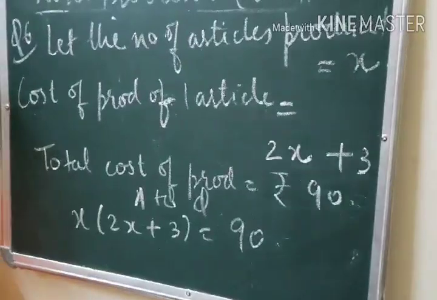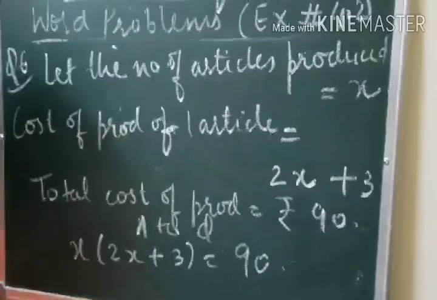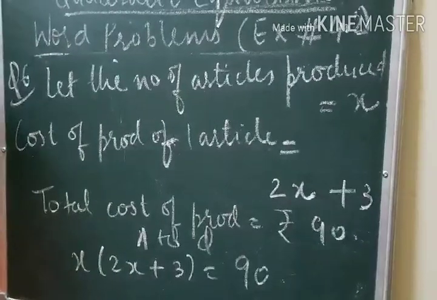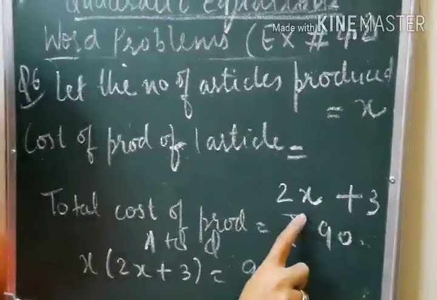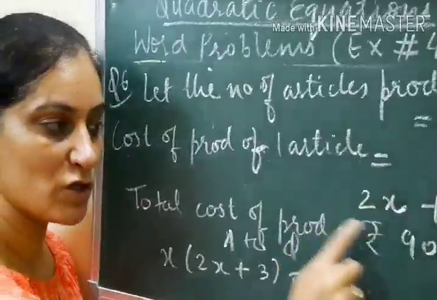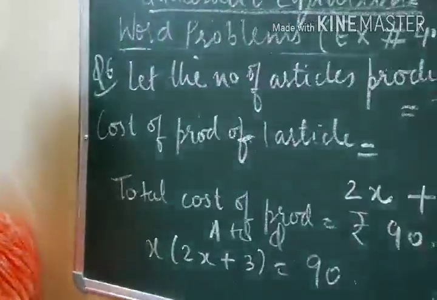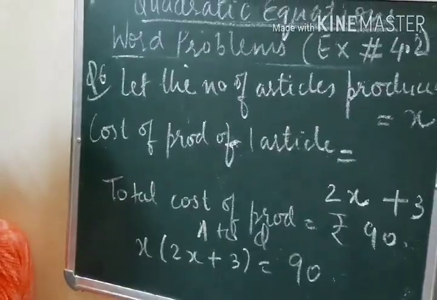Number of articles produced in an industry, you don't know, we have taken as x. Cost of production of one article was given. It is 3 more than means plus 3. Twice the articles produced 2x. So 2x plus 3. This is the cost of production of one article, and it is given that the total cost of production in a day is rupees 90.